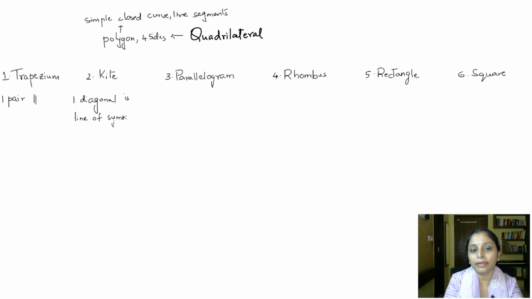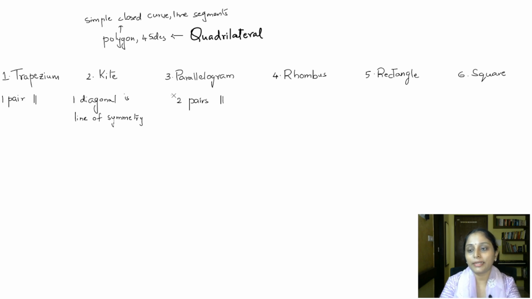If one diagonal is a line of symmetry, then we say that the given quadrilateral is a kite. Now coming to parallelogram, it is a quadrilateral that has two pairs of opposite sides parallel, right? In trapezium, you have one pair of opposite sides parallel. In a parallelogram, you have two pairs.